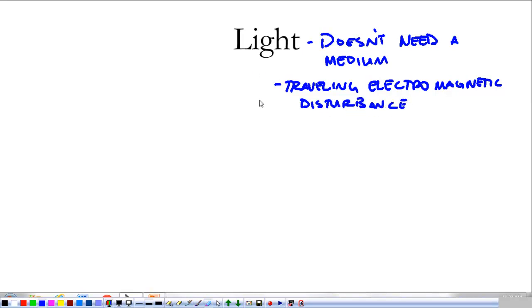And we talk about light two ways, and this may be kind of tricky, but what we say is that it's two things. One, it's a particle. And this kind of helps us deal with not needing a medium.